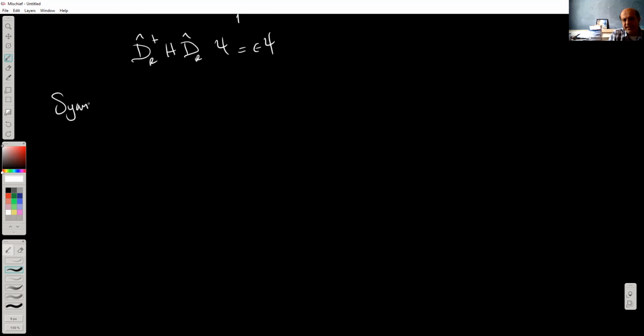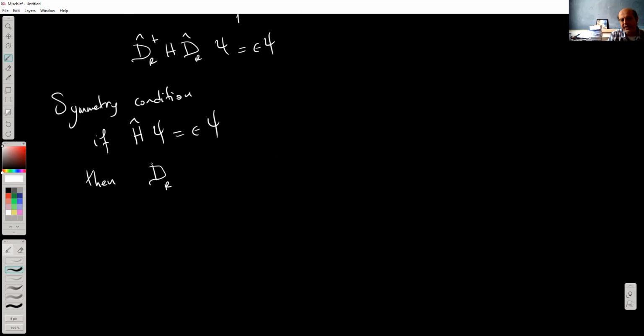I'm going to write this down again. The symmetry condition says that if H applied on psi is equal to epsilon psi, then this particular operator, dr inverse H dr, applied on psi is equal to epsilon psi.